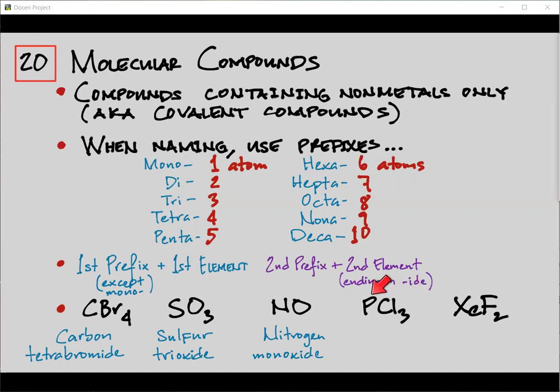And the fourth one here, we have PCl3, one phosphorus and three chlorine atoms. So that would be phosphorus trichloride. And then the last one, we have XeF2, that would be xenon difluoride. As you can see, naming molecular compounds is a lot easier compared to naming type 1 and type 2 ionic compounds.